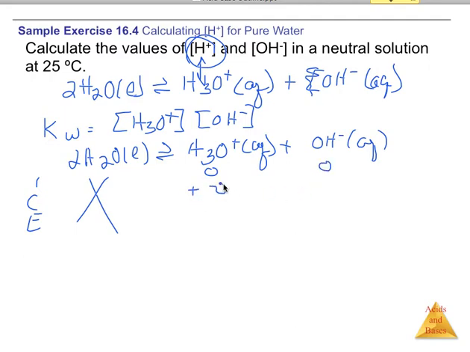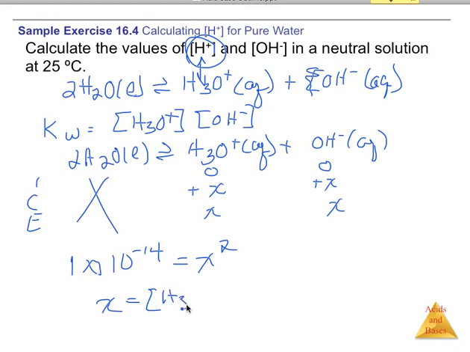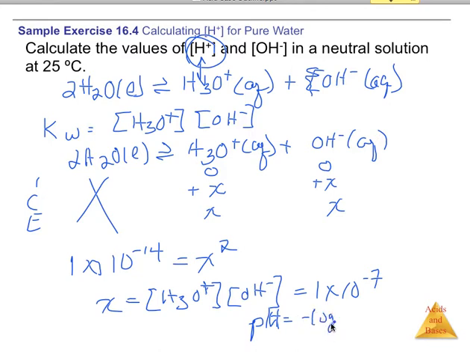When the water ionizes, I'm going to get equal amounts of the hydronium and the hydroxide. So plugging them into this Kw, remember from before, what is the value of Kw? 1 times 10 to the negative 14th is equal to x squared. So x, which is equal to the concentration of the hydronium and the concentration of the hydroxide, is equal to 1 times 10 to the negative 7. If you take the pH of that solution, remember pH is equal to the negative log of the hydronium concentration, we would get 7.